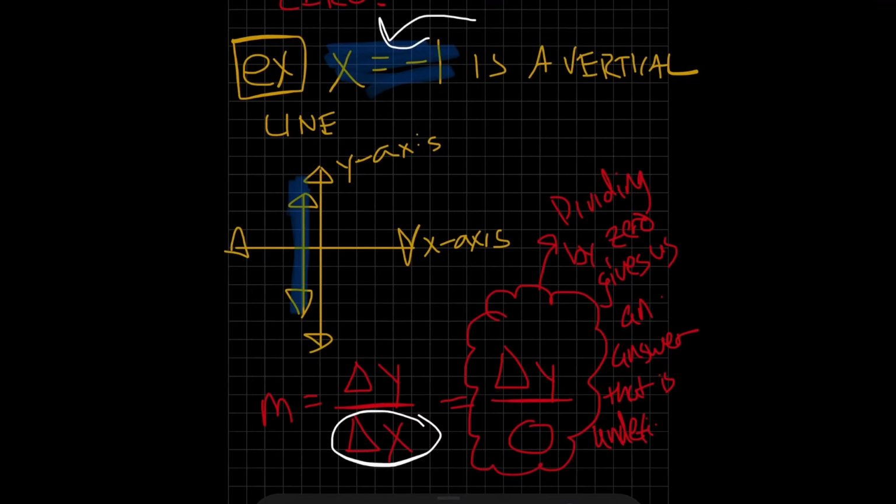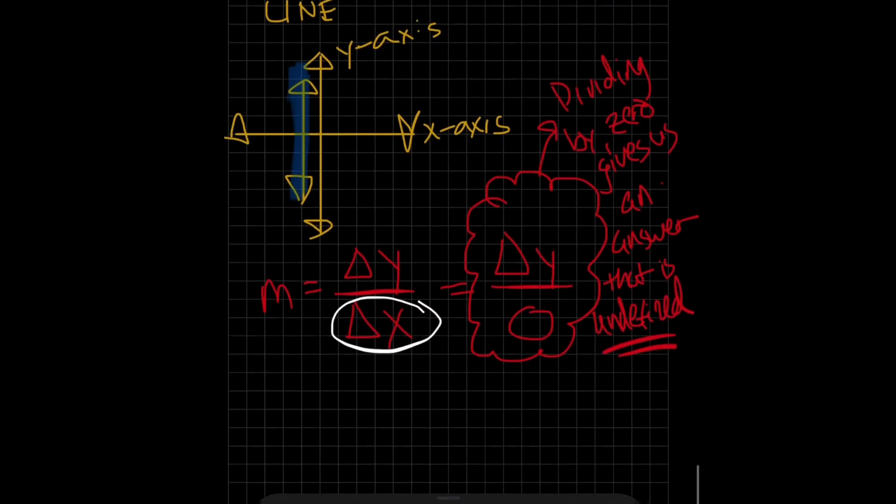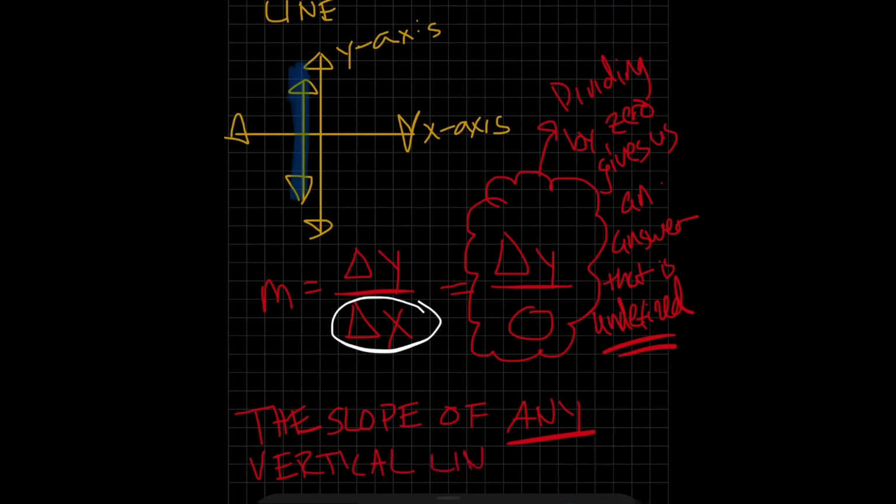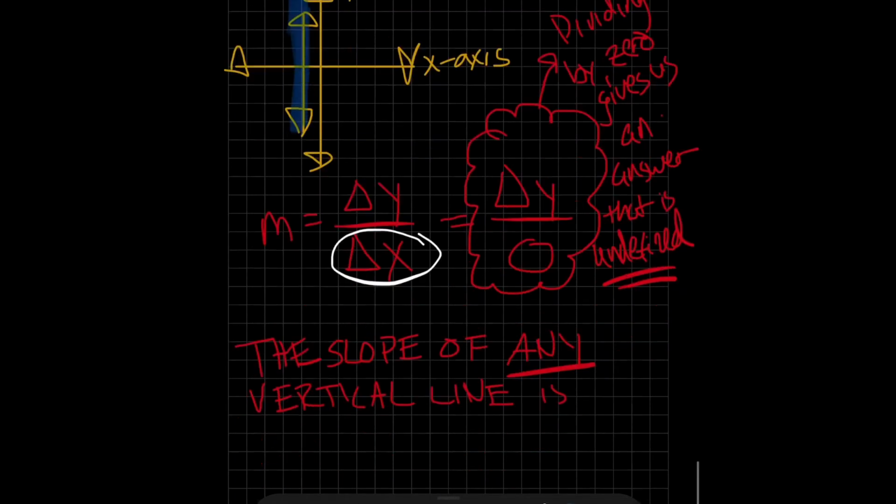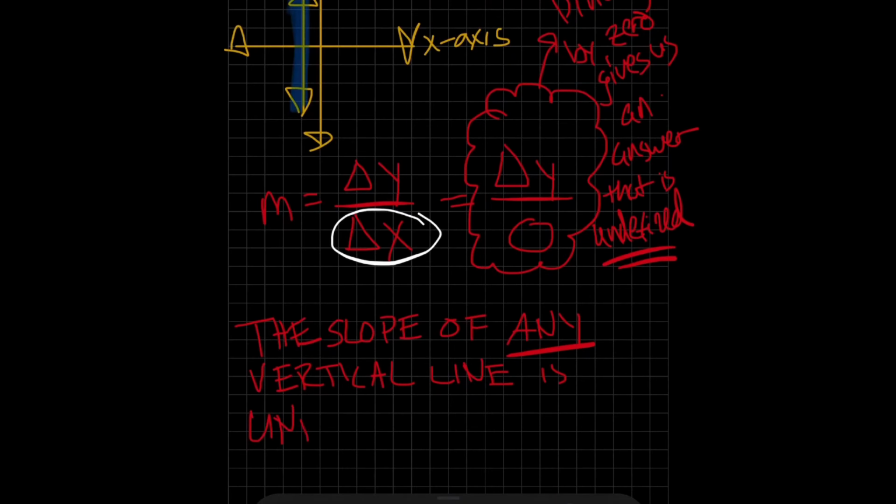And we will talk about this when we meet in person. But for now, I want you to just know that the slope of any vertical line is undefined.